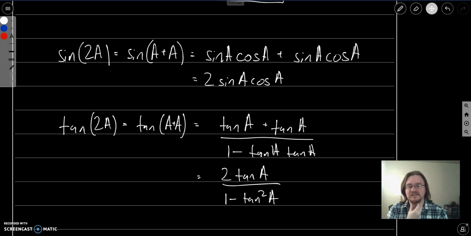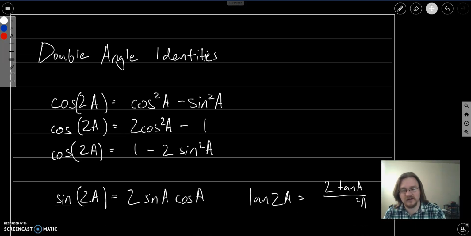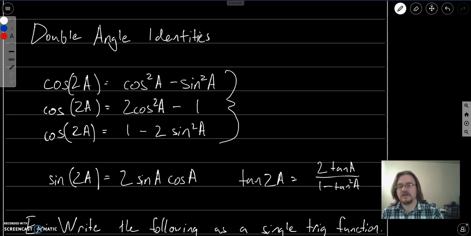I've written these down again. So if you know how to derive them, great. If you just want to write down the formulas, here they are. We have 3 cosine of double angle identities. It's cosine squared minus sine squared, and we can turn cosine squareds and sine squareds into one another, so there's 3 ways to write that down.